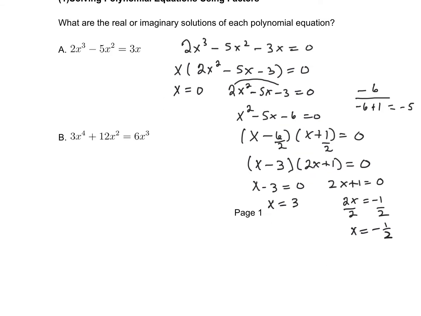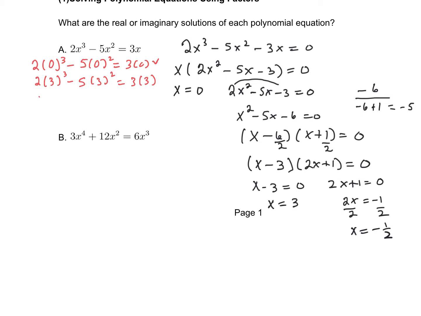It's always best to check. And I'm going to use the red pen here to check. So we have 2 times 0 to the third power minus 5 times 0 squared equals 3 times 0, and that checks. What you need to check next is 2 times 3 to the third minus 5 times 3 to the second, and we're going to see if it equals 3 times 3.